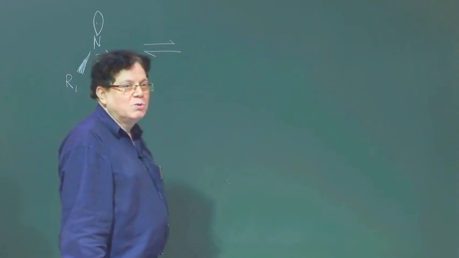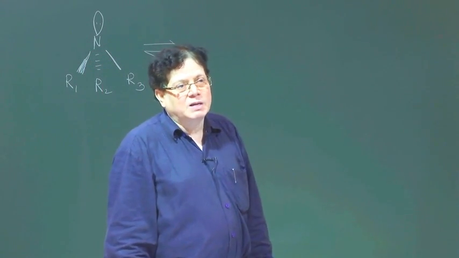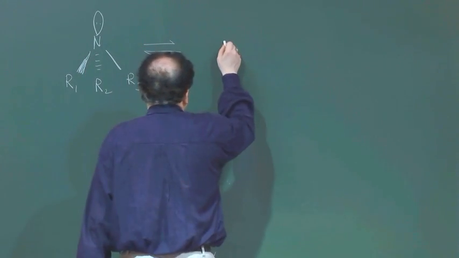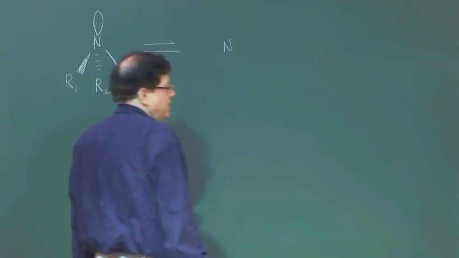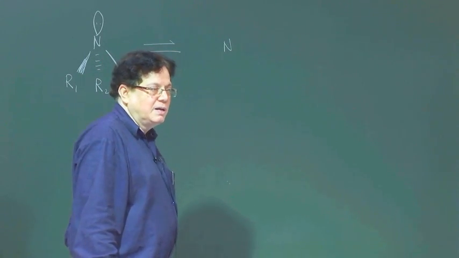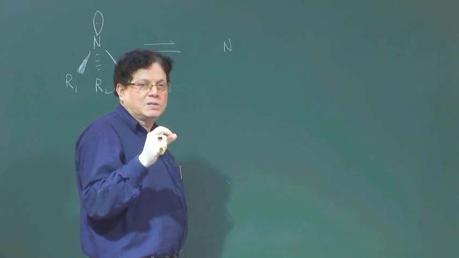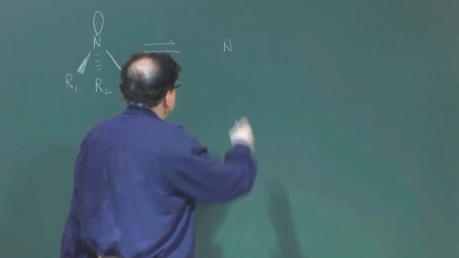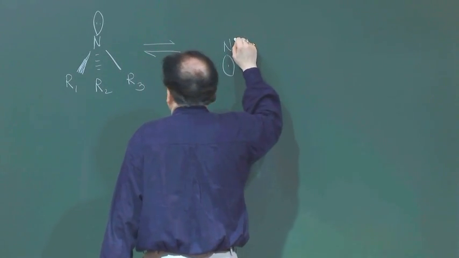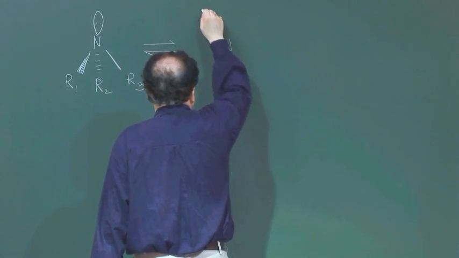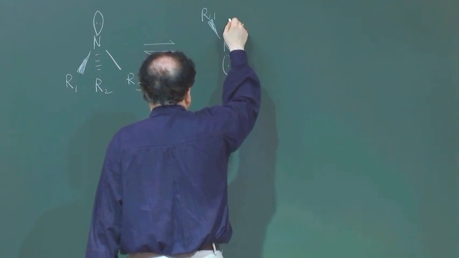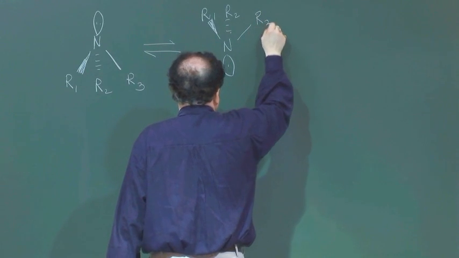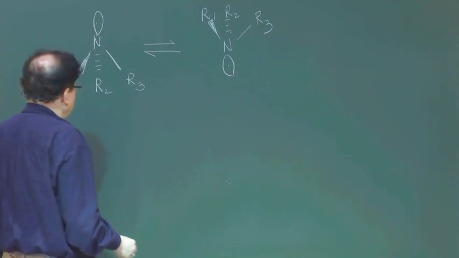Just to mention, if you go to the next element in the periodic table along the nitrogen group, you will see phosphorus, and in phosphorus the inversion barrier is quite high, such that the chiral phosphorus trialkyl compounds are isolable at room temperature. So, now the question is why is the inversion barrier in phosphorus high and in nitrogen low. So, this is the effect of inversion. The lone pair was earlier up and now it is down.